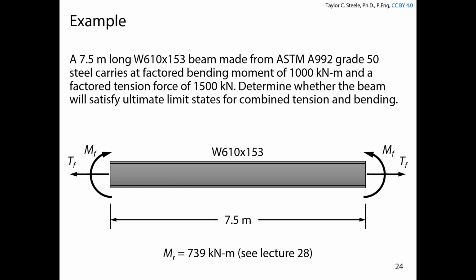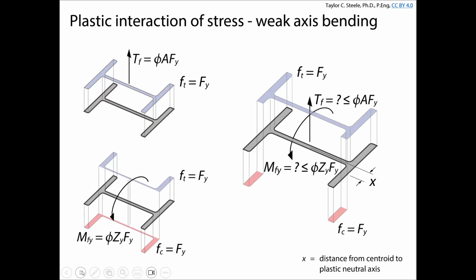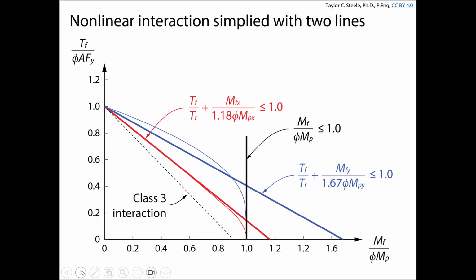Again, I'll quickly go back here. This is where my PowerPoint starts to fail me a little bit. That's why I wish I had my iPad with me. Okay, we'll try to go with this the fumbling way. We have to check the bending only strength again because we use basically the red equation here, the 0.85 MFX, and we were trying to make sure that we're not exceeding the moment resistance.